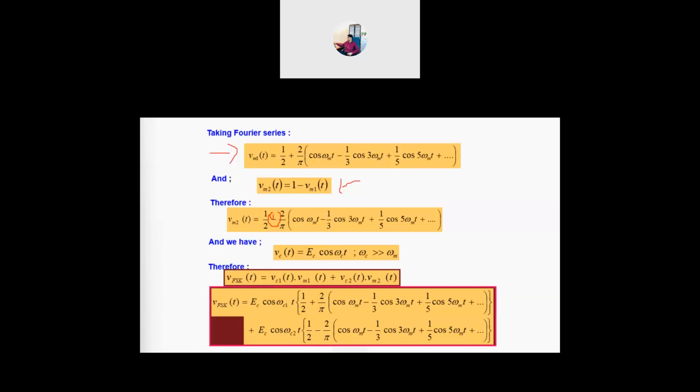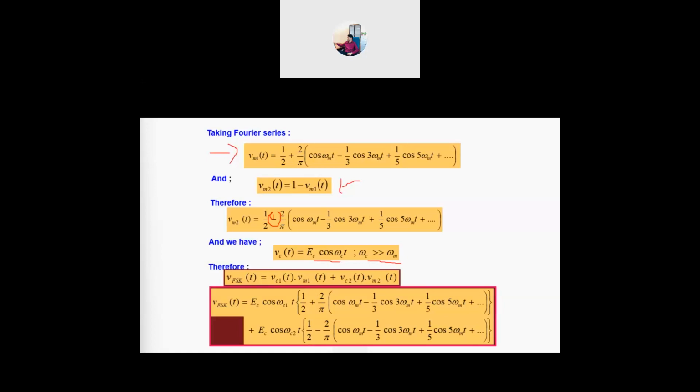And we have VC, the carrier, which we already know is much higher than omega m. Therefore, VFSK is just a multiplication of VC1 with V1(t) plus VC2 with V2(t). I think this is quite straightforward. The problem is the question. I don't know what question they will ask, but hopefully you remember the general idea.